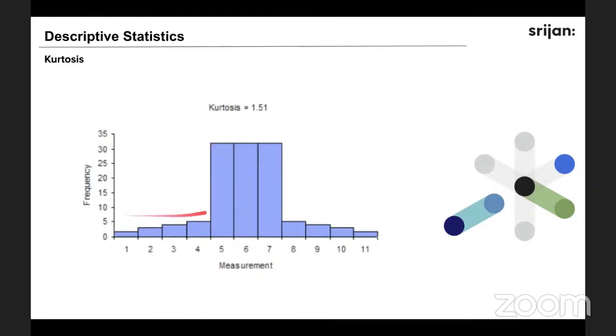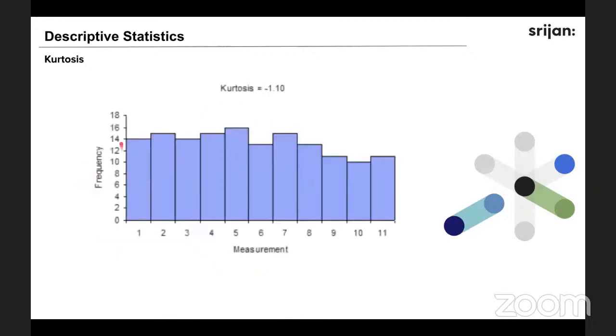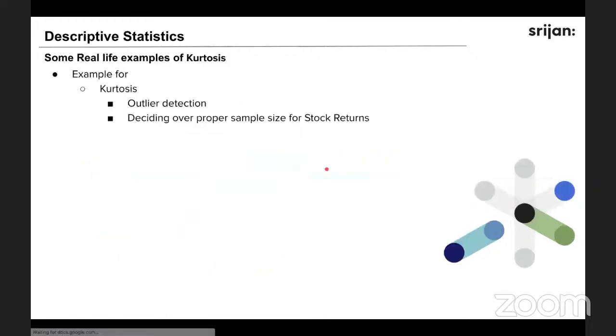If it is flatter, like in this case, then we have a negative kurtosis. Some examples: we can use kurtosis for outlier detection, or if you are planning to invest in stocks, you can use kurtosis to get a reliable value for a sample size.